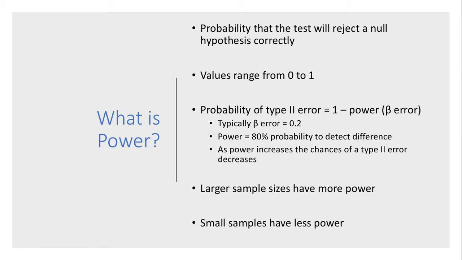The beta error is typically set at 0.2 or 20%, meaning your power is 80% probability to detect the differences. As power increases, the chances of a type 2 error decrease. And with larger sample sizes, you have more power, and with small sample sizes, you have less power.